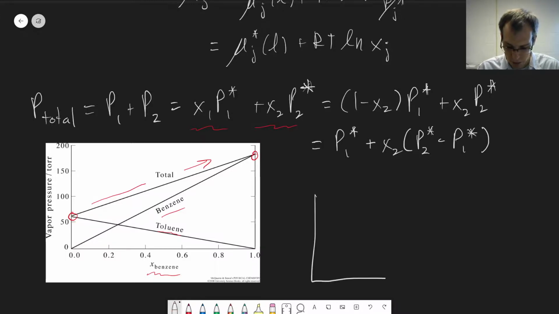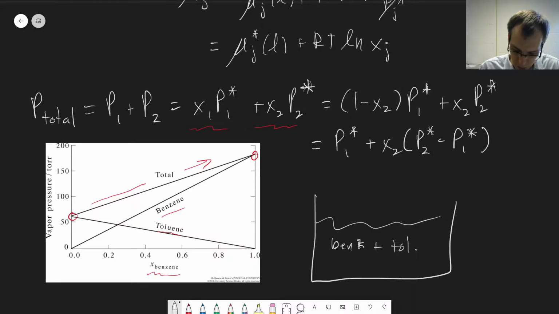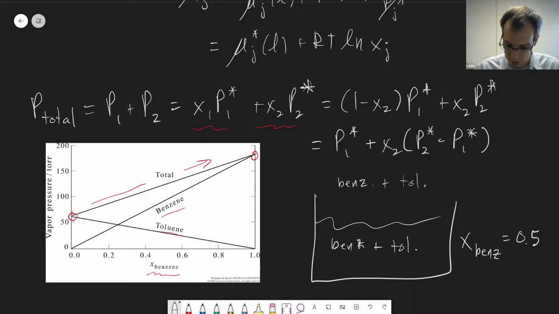One important thing to think about is, if we're picturing our mixture of benzene plus toluene in equilibrium with the benzene and toluene vapor that's above it, say we know the mole fraction of benzene in the solution is equal to 0.5.